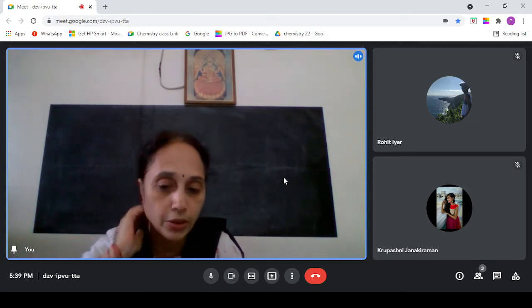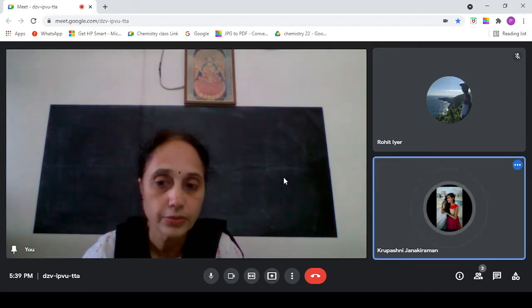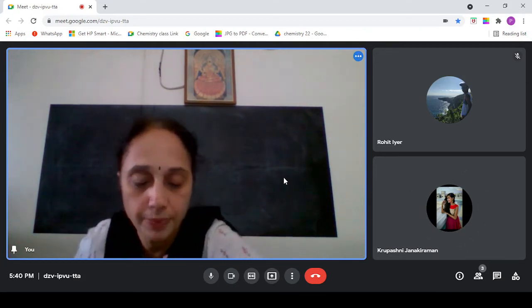What is N2 equal to? Mole fraction of urea, mass by molar mass. Mass is what you have to calculate. So W2 by the molar mass of urea, which is 60. Very good. W2 by 60 by N2 plus N1.